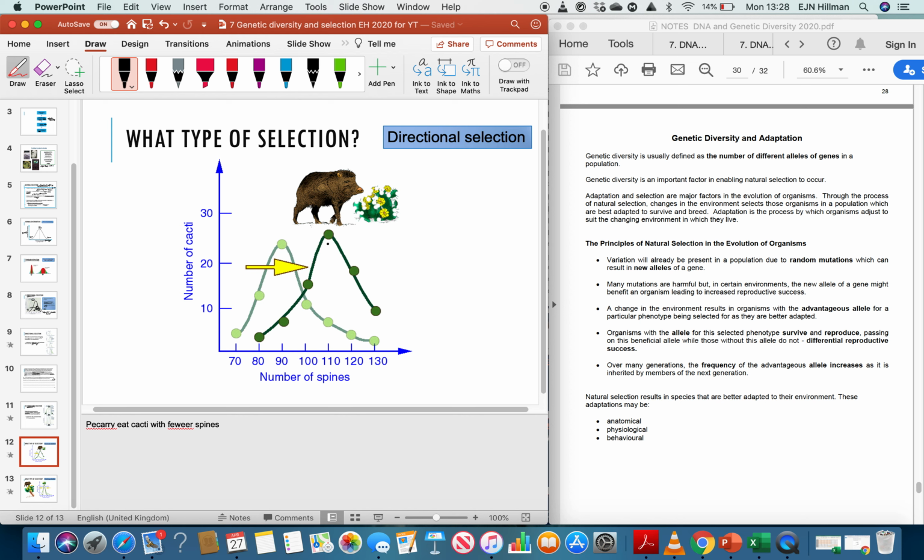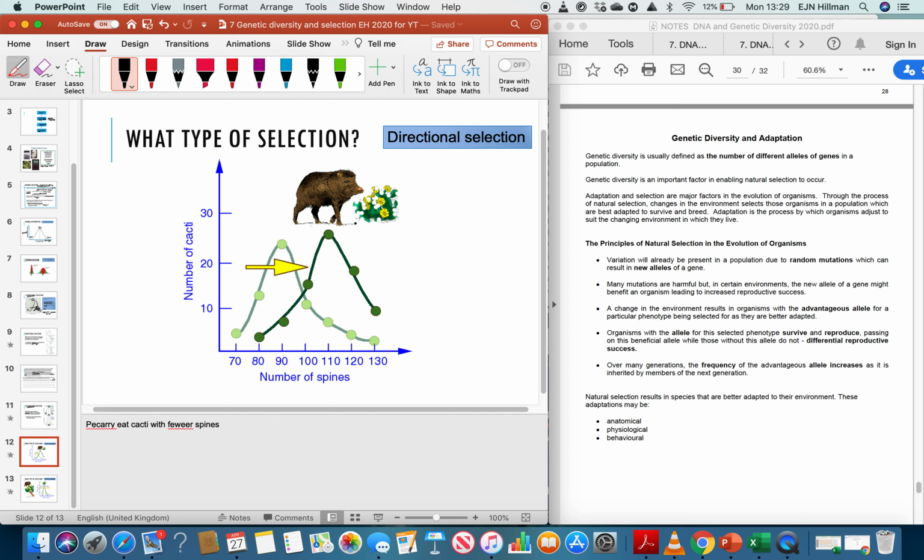That was a peccary. Okay, so this is a peccary. They feed on cacti. Okay, the cacti, to prevent the feeding, so that the cacti are able to survive more and reproduce more often, produce spines. So, with the introduction of this new, it's not really a predator, is it?